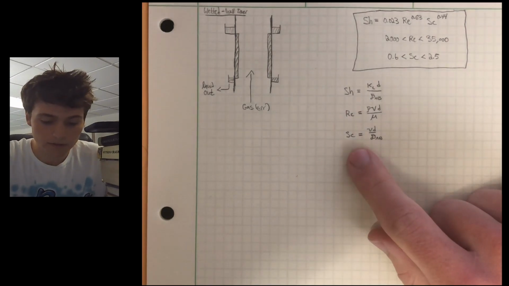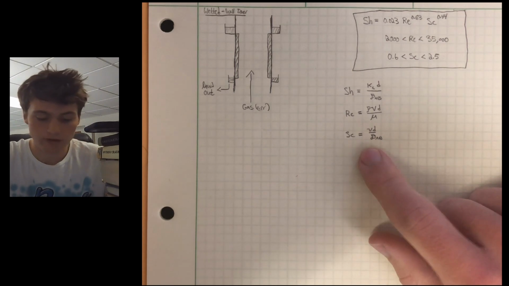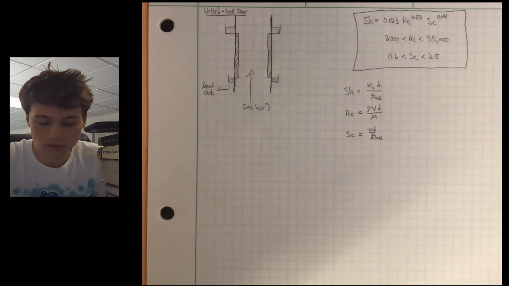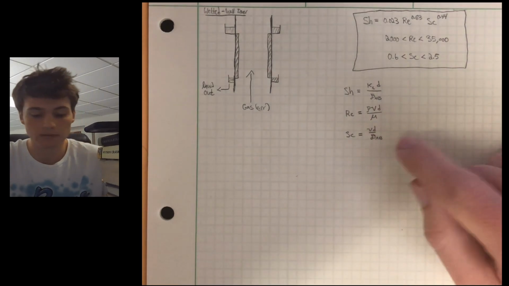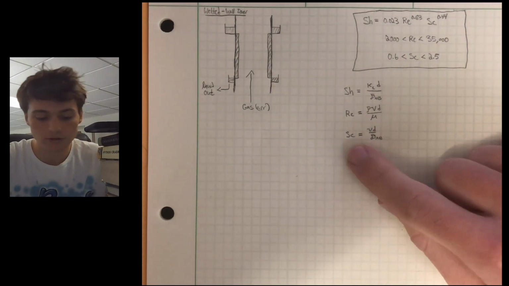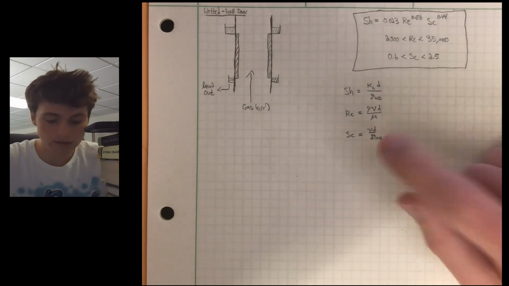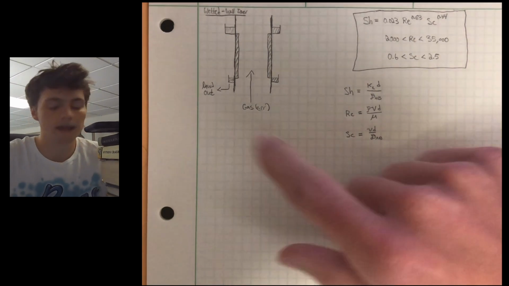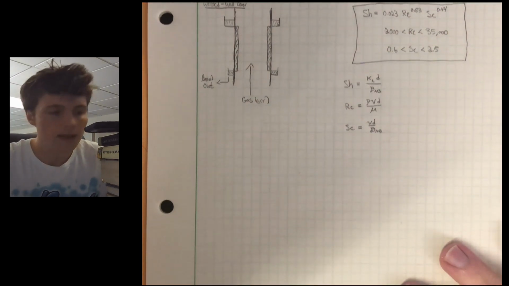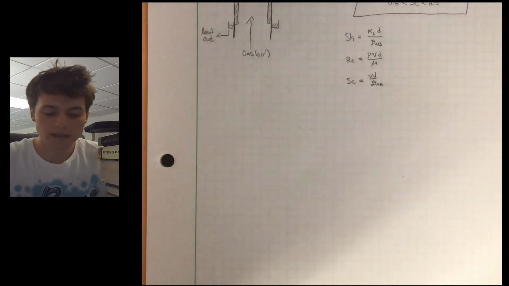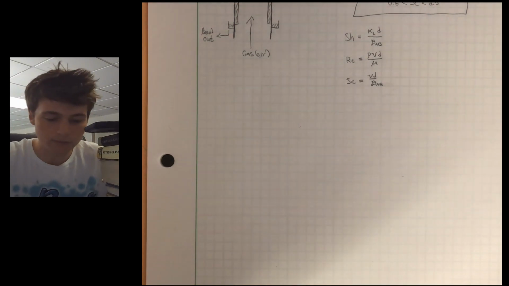And then the Schmidt number is just the ratio of momentum transfer to diffusive mass transfer. That's the velocity of the fluid multiplied by the diameter of the tube over the diffusivity for air and the liquid. And you might be asking yourself, where do these even come from?